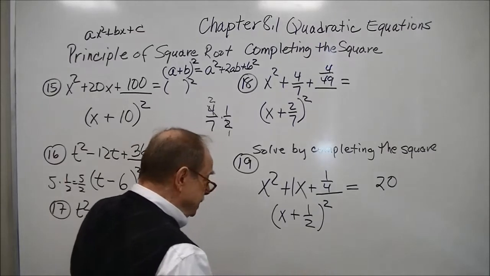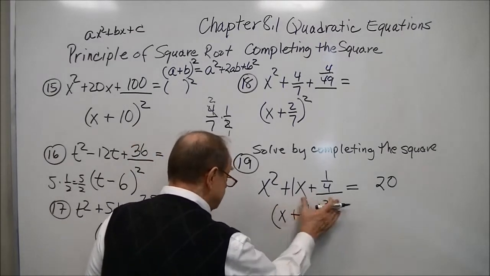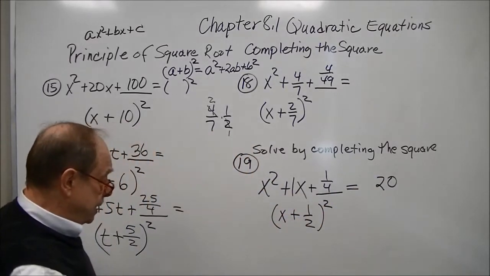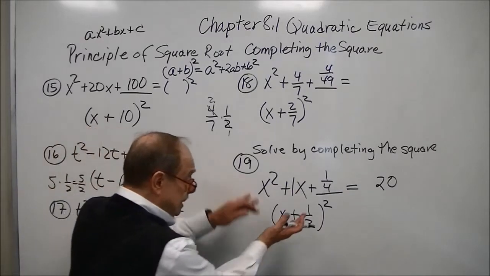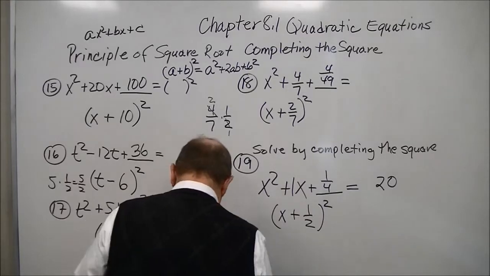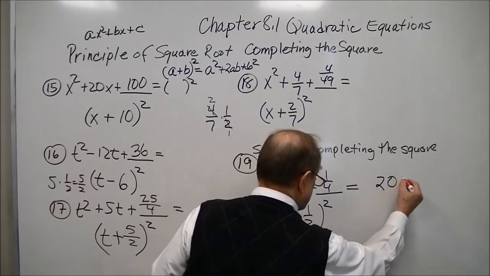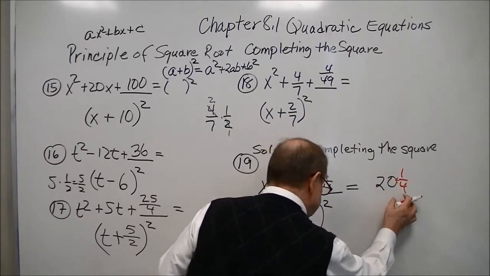Now, what we've done is we've added something to this side of the equation. It's no longer an equation, because what would I have to do to keep it as an equation? Because I've added this to this side. Well, the answer is I have to add 1/4 to this side as well.